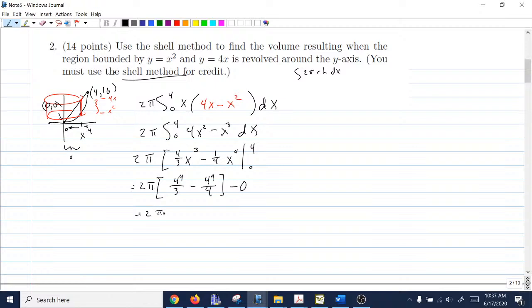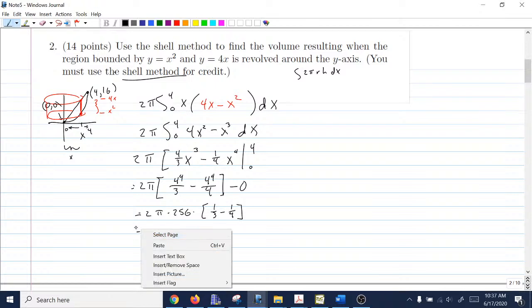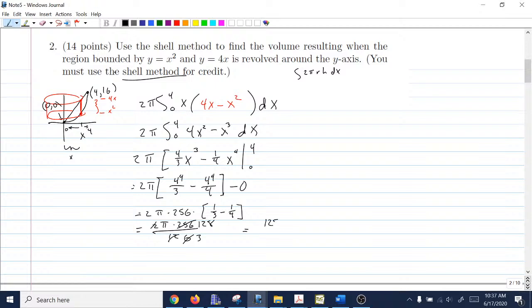I get 2 pi times 4 to the 4 is 4 squared is 16 squared is 256, times 1/3 minus 1/4. 1/3 minus 1/4 is 1/12. Cancel that by 2. Cancel that by 2. I get 128 pi over 3. Same answer as the last page.